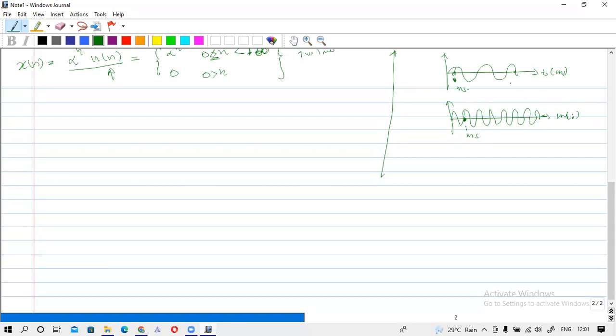If you multiply these two values at this time instant, for example if this value is a1 and this value is a2, at time point t1 you will get a1 multiplied by a2. So no issue.